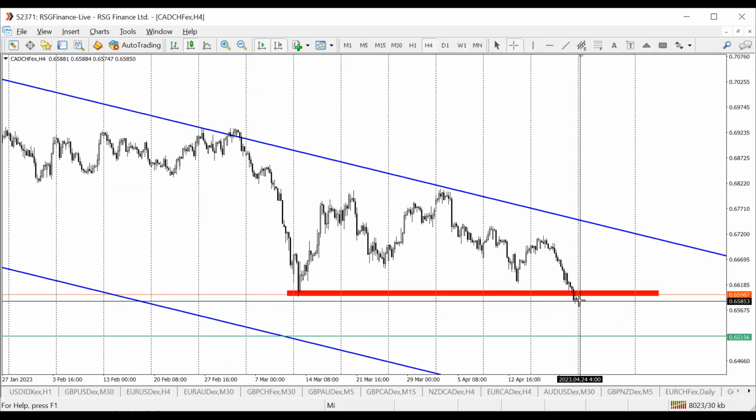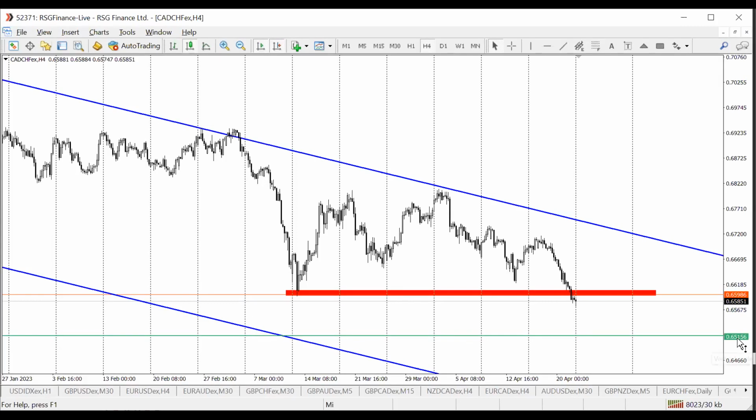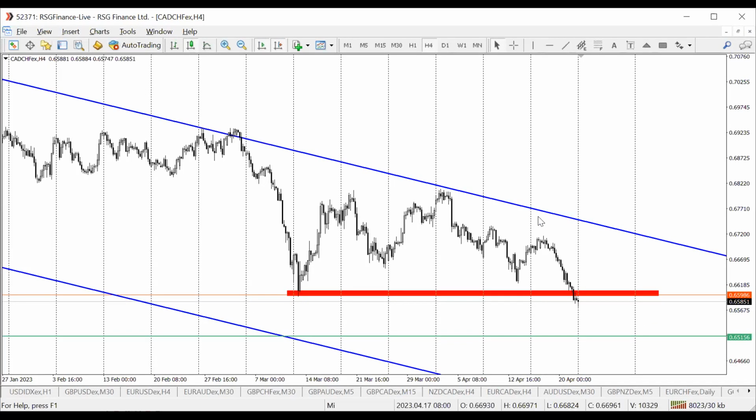From this point where we see the breakout to this level, it's just about 72 pips. So I pretty much believe the market should give us that sell-off this week to this point, the 0.6515 level. Now guys, don't forget, look at the sell-off we had from the beginning of the week.